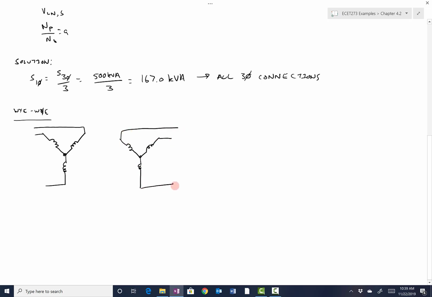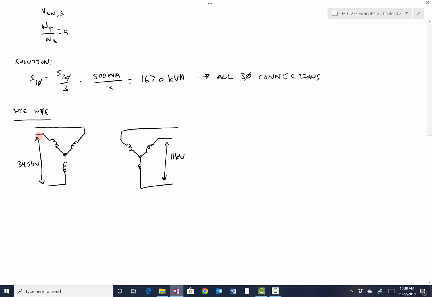And remember, what we were given was the line to line quantities on the primary and secondary. That's how three-phase transformers are rated, on a line to line quantity. So this was 34.5 kV, and here to here was 11 kV.